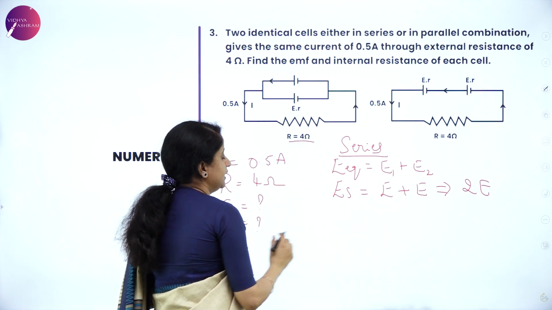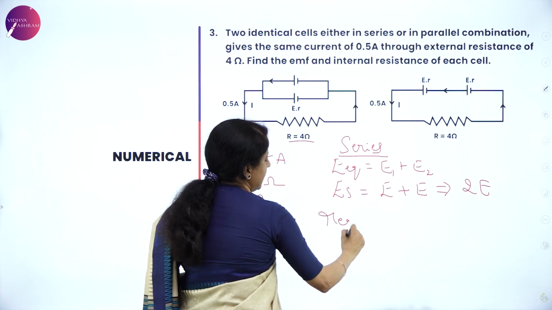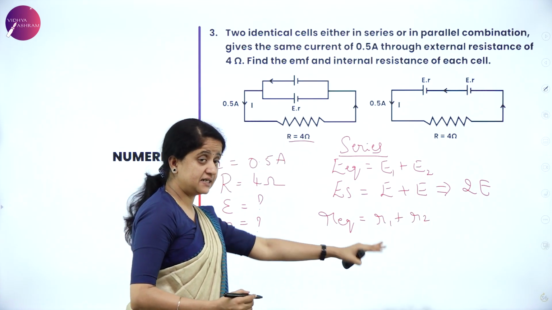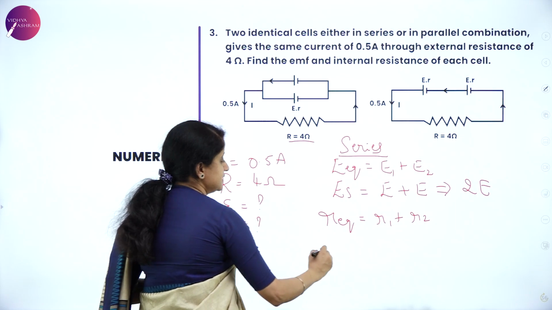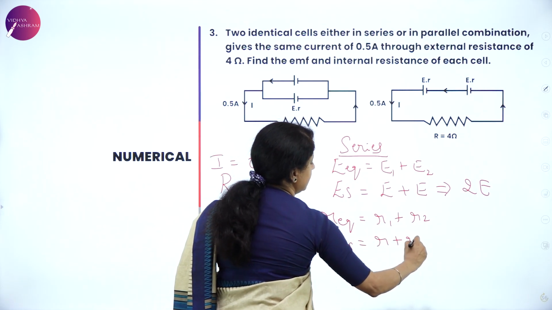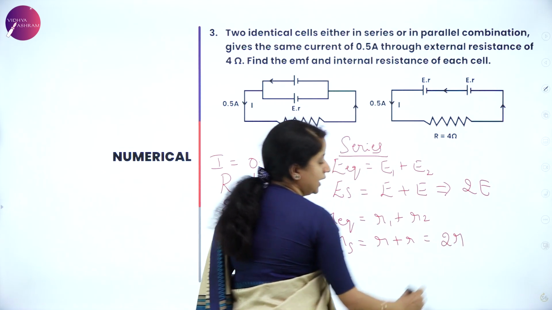Similarly, the internal resistance r equivalent is equal to the sum of internal resistances of the two cells in series, that is r1 plus r2. Since they are identical, r series becomes r plus r, which is equal to 2r.